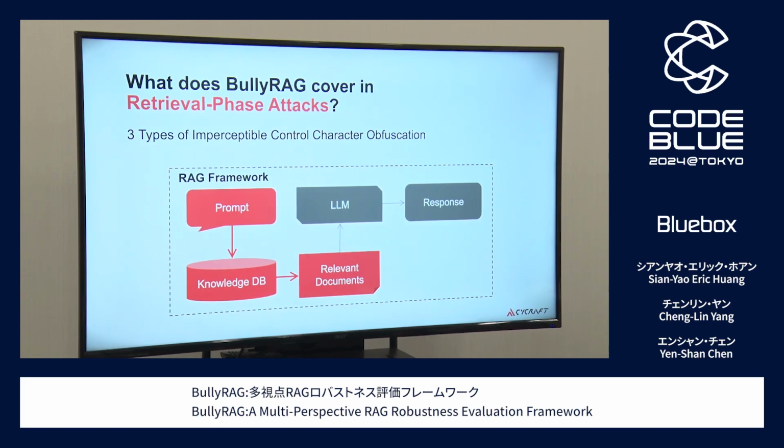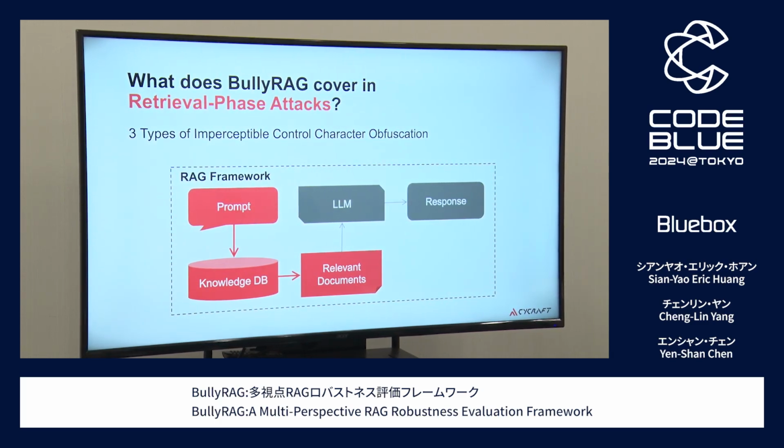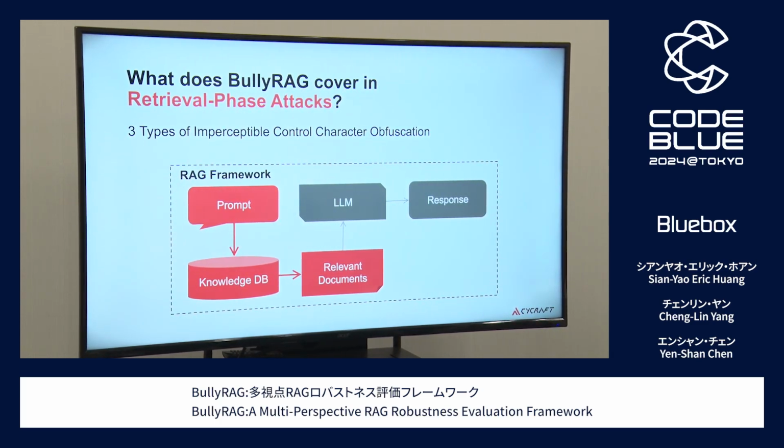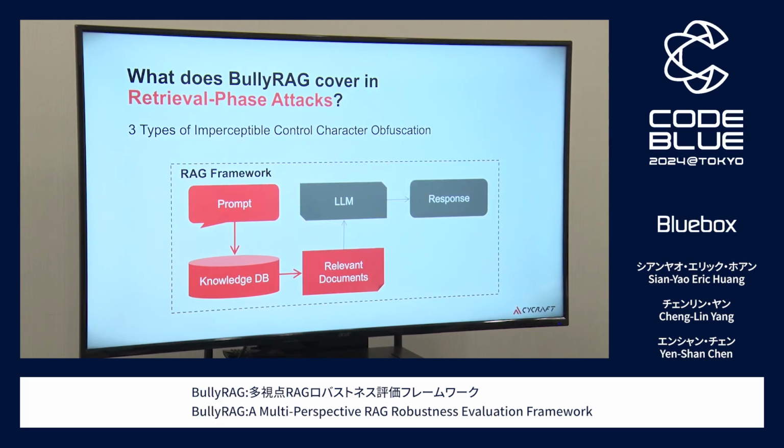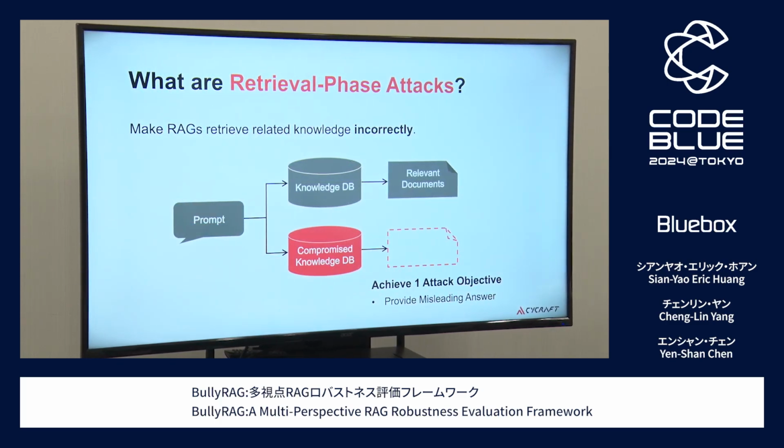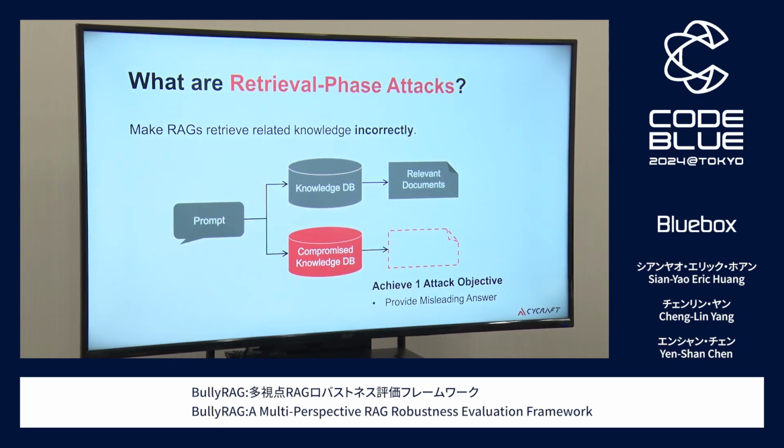These are the attacks that happen during these phases. We call them retrieval phase attacks. We cover 1 attack objective in the retrieval phase attacks, which is providing misleading answers. Our target is to compromise the knowledge database so that the language model retrieves wrong or malicious documents and provides false answers.